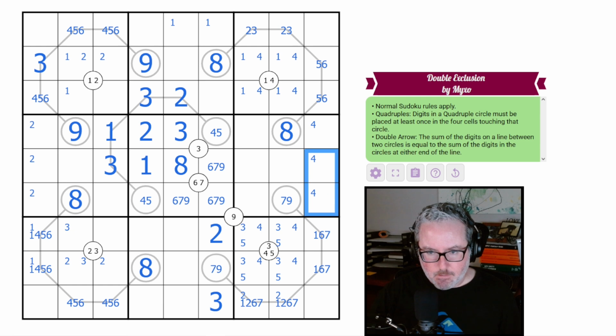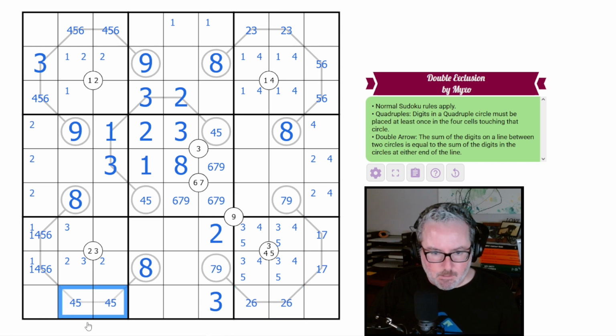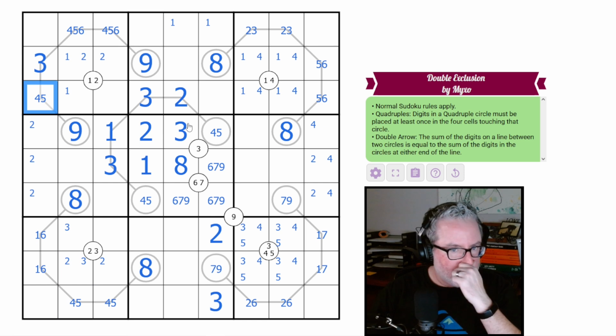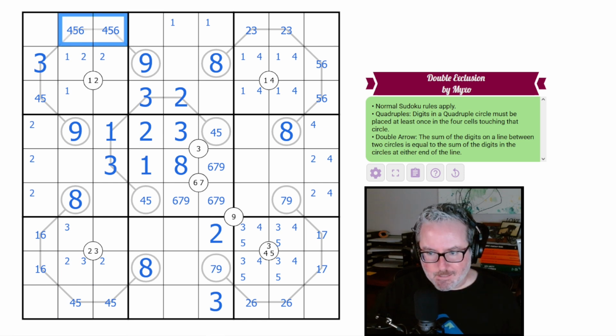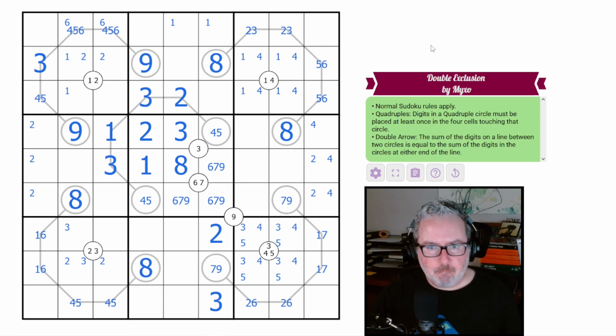So one of these is. This 5-6 says this is not a 6. So this is just a 2-6 pair, which means this doesn't have a 6. So these are not 4-5, so they are a 1-6, which means this is not a 6. Okay, so one of these is. So we get some movement going around here, which is nice.